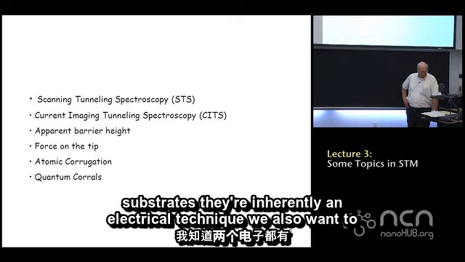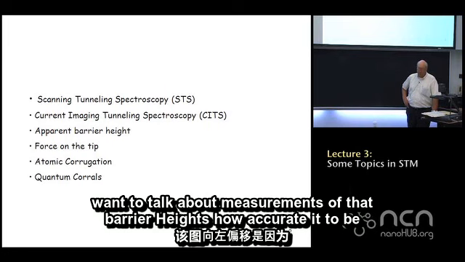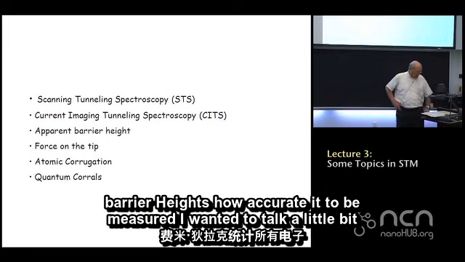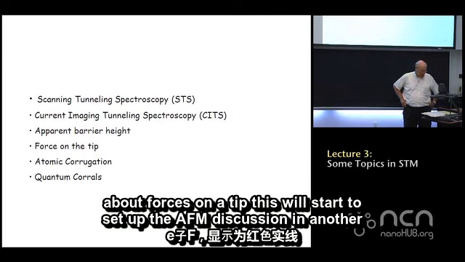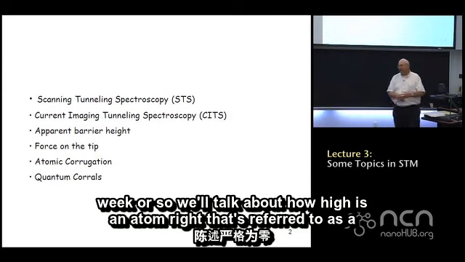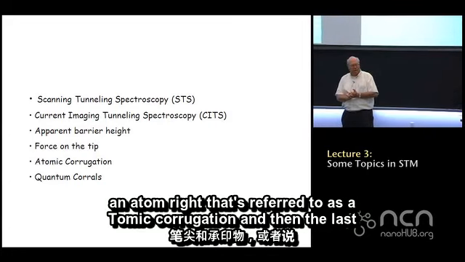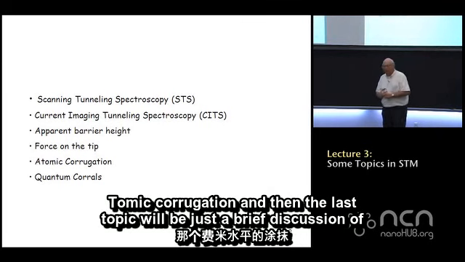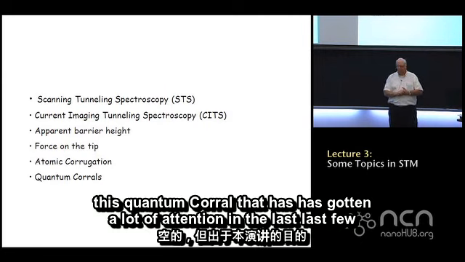We also want to talk about the barrier height, and about measurements of that barrier height, how accurately it can be measured. I want to talk a little bit about forces on a tip. This will start to set up the AFM discussion in another week or so. We'll talk about how high is an atom, that's referred to as atomic corrugation. And then the last topic will be a brief discussion of the quantum corral that has gotten a lot of attention in the last few years.